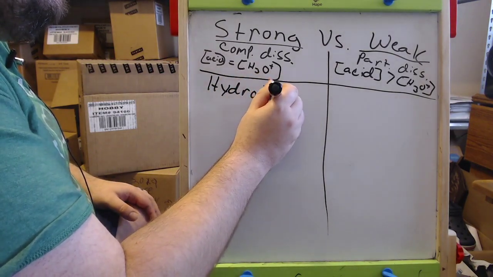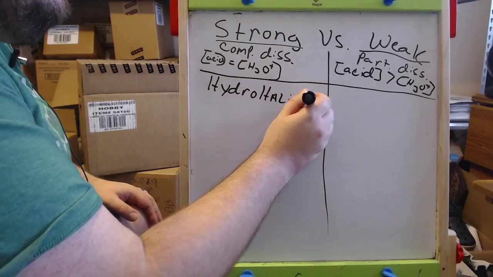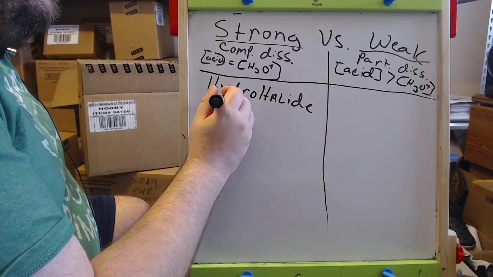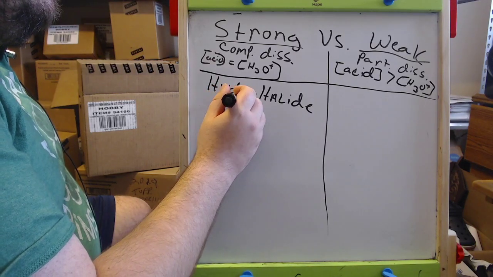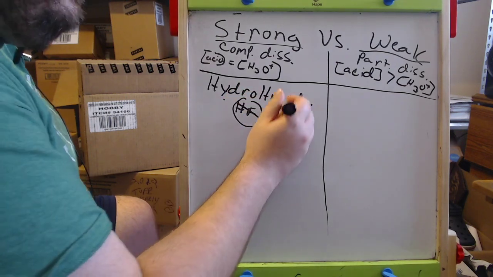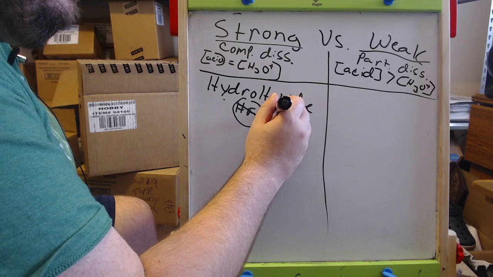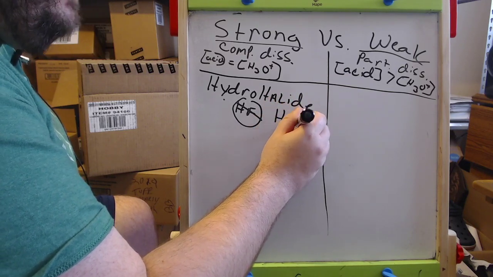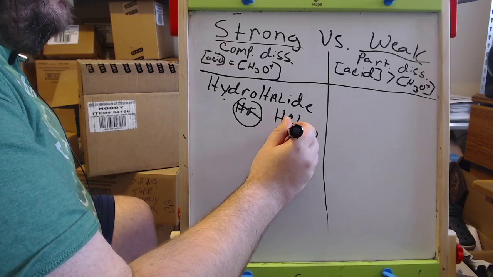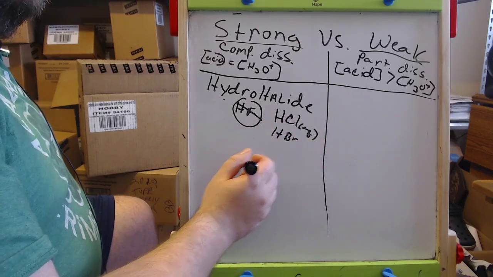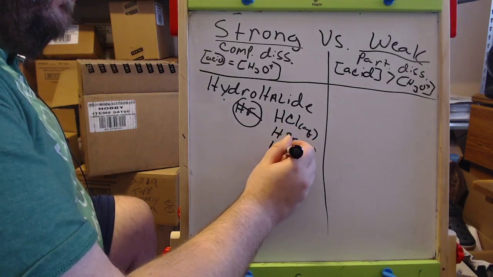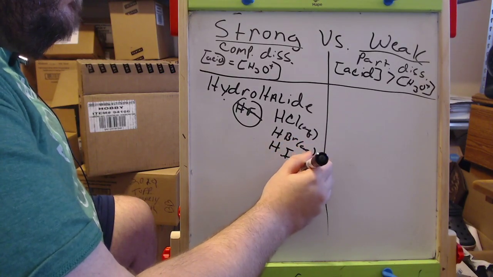hydrohalide, which means hydrogen bonded to a halogen. There is an exception. HF is not a strong acid. So remember, halogens are group 17, so HCl, HBr, and HI are all considered strong acids.